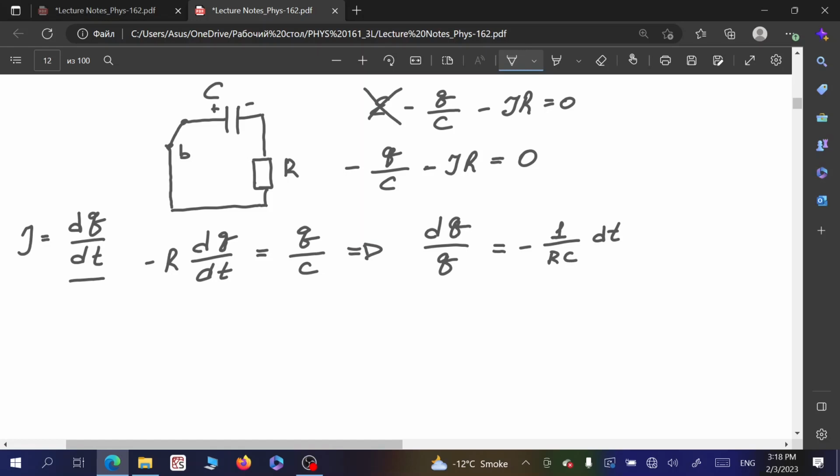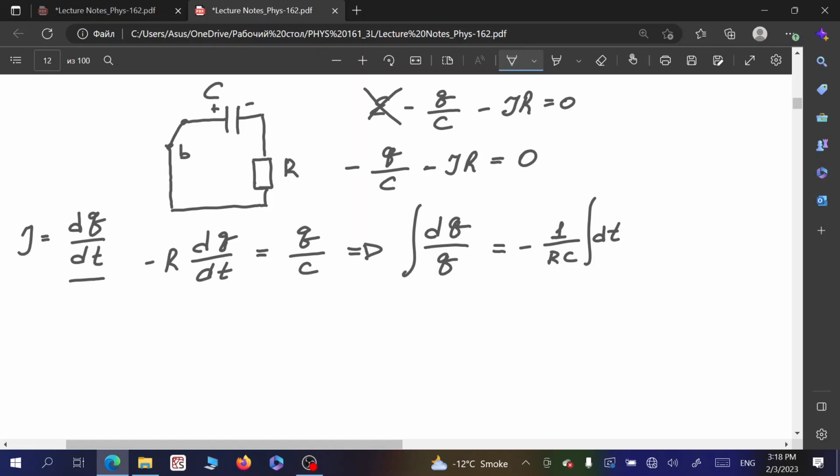And in order to get the time dependence of electric charge accumulated at the plates of the capacitor, we need to integrate this equation, the left and right sides. RC can be taken out from the integral since these are constant parameters.